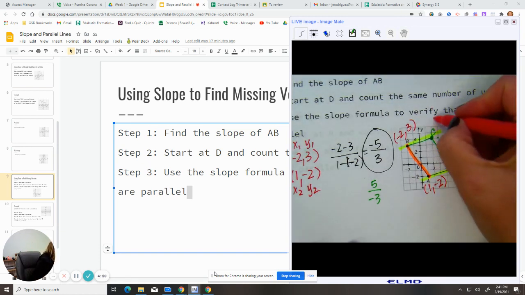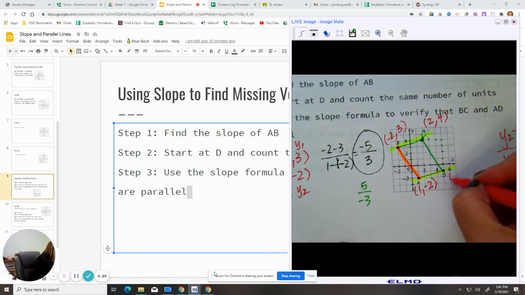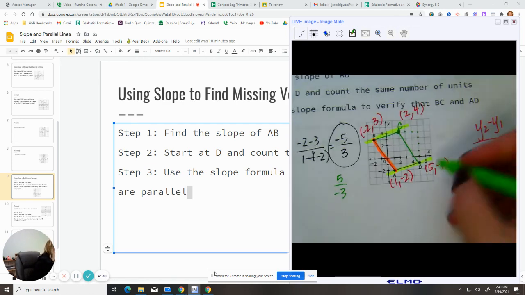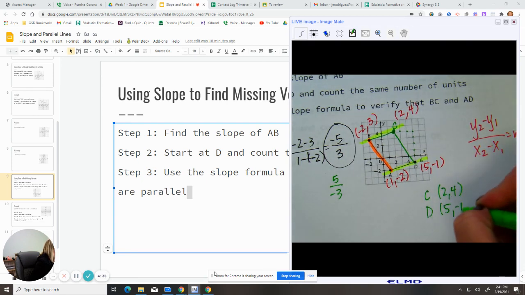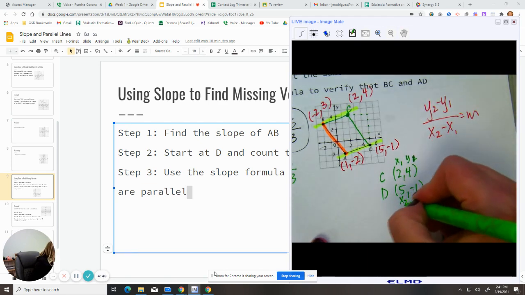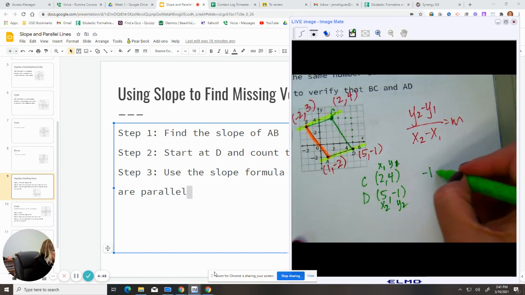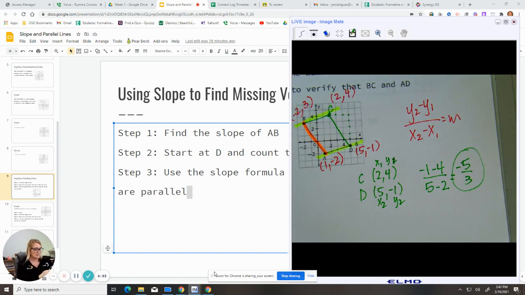So C landed at the point 2, 4, and D is at the point 5, -1. C is 2, 4. D is 5, -1. We're going to call it x1, y1, x2, y2. And we're going to use our formula, y2 minus y1 over x2 minus x1, and we end up with -5 over 3, which means that they are parallel and we are good.